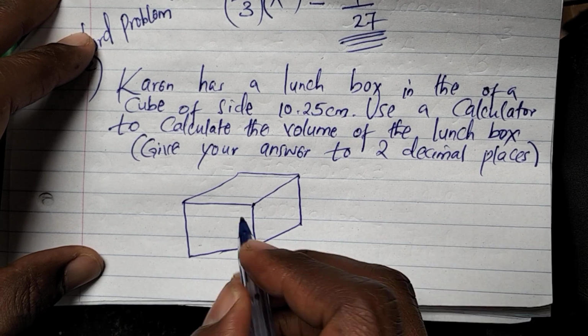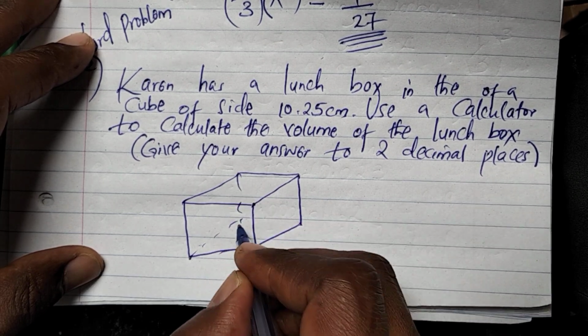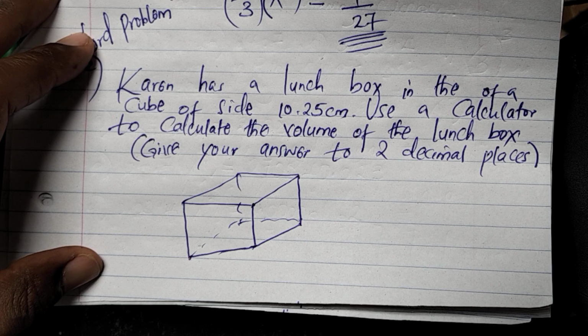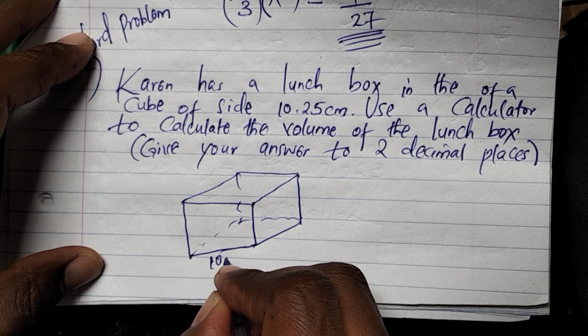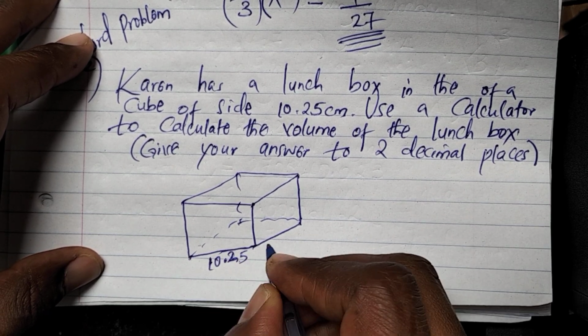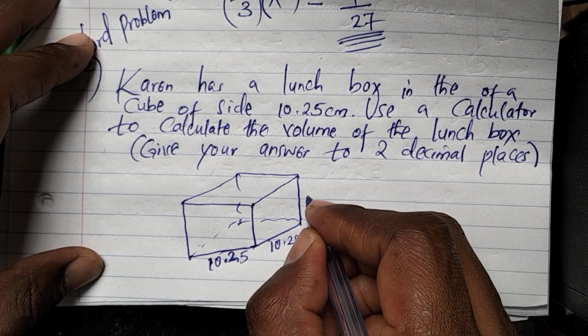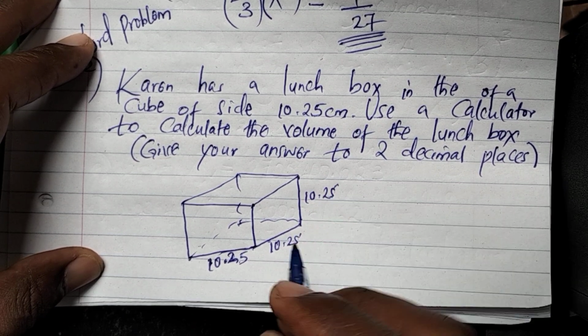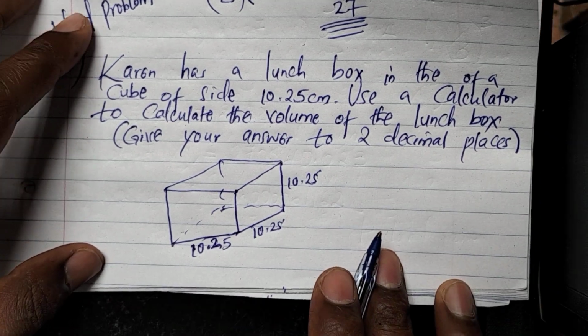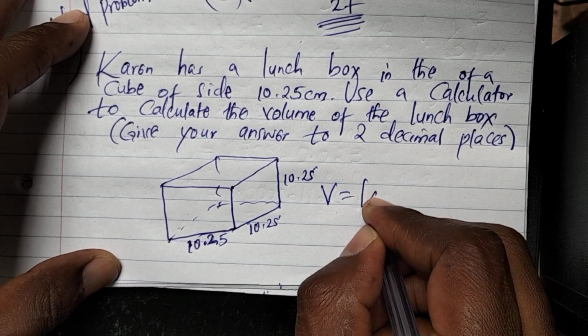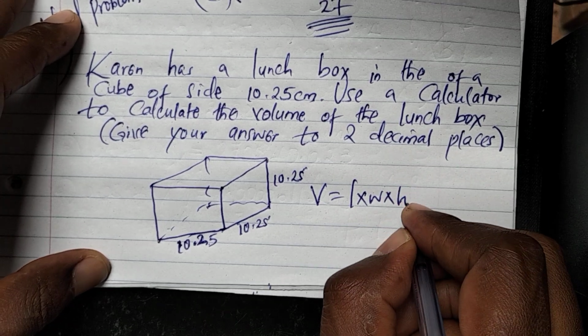The volume is equals to length times width times height. So the volume shall be 10.25 times 10.25 times 10.25. In other words, the volume is 10.25 brackets cubic.